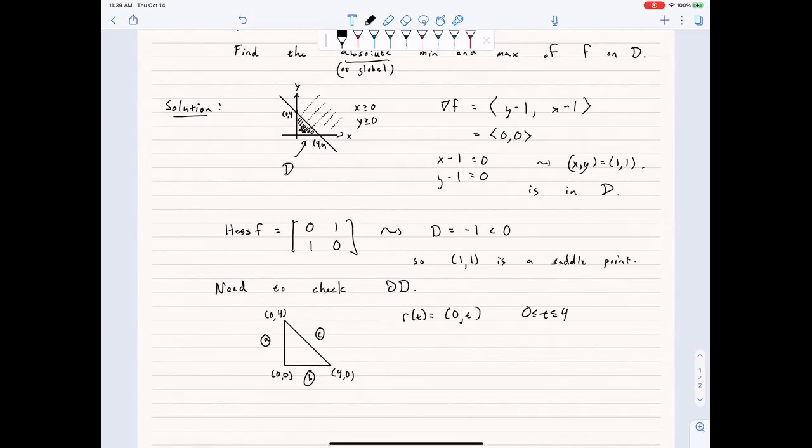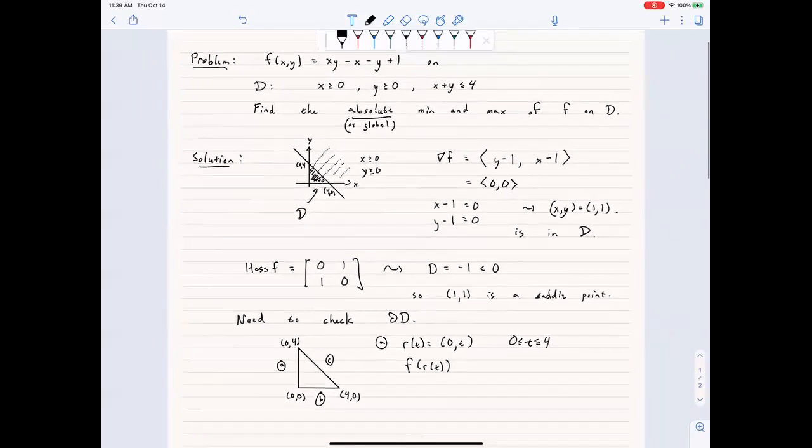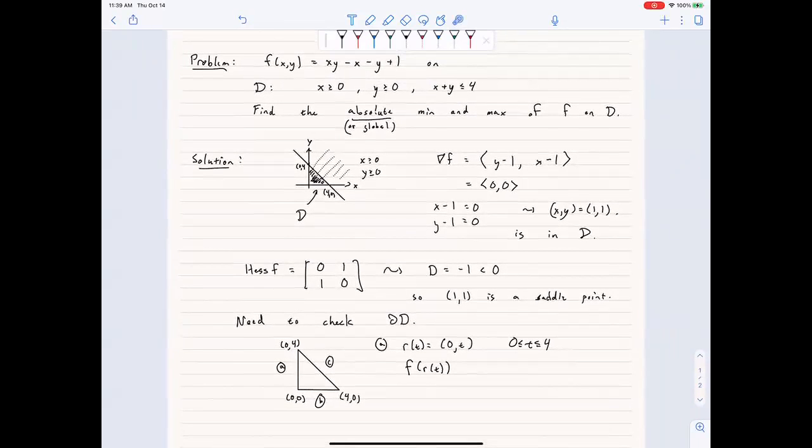And then we stick this parametrization into our function. So f of r of t, this is case A. I need to look up a little bit and see what f is. It's this function up here. So I just put 0 in for x and t in for y, and I'll get 0 minus 0 minus t plus 1.